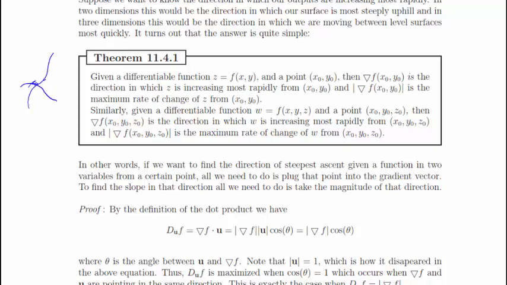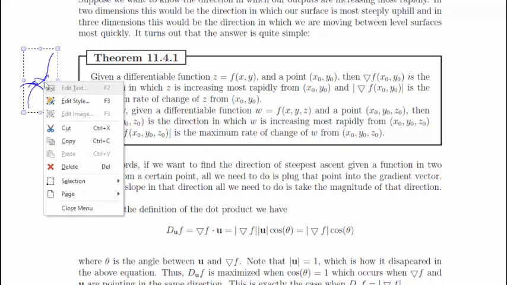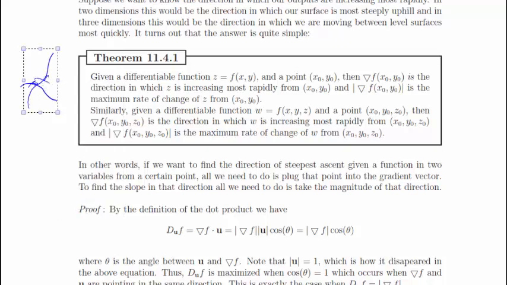If we were right here, and it's kind of flattish here, the greatest direction of uphill is in this direction. So if I'm at some x0, y0 and I try to move away from it, which direction is the direction of greatest uphill, greatest change in z?